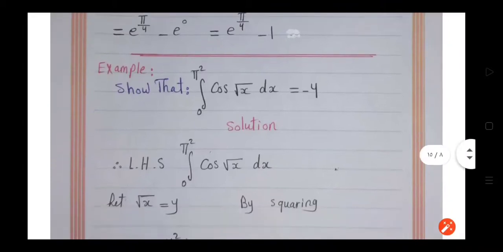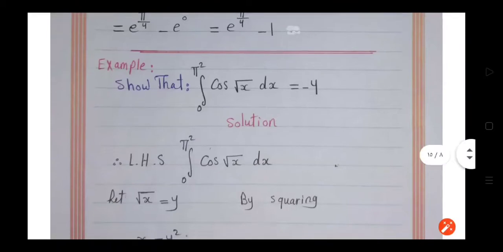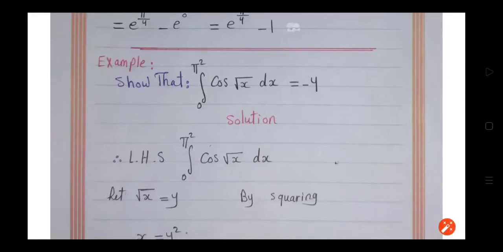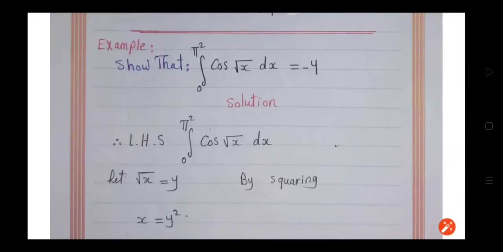We put root x, or any root, by y, and find the value of the integration, and return to this step to find the value by x. But a definite integral gives a value. That means that if we put root x by y, we'll have the same value. Now, using algebraic substitution, we can put root x by y.